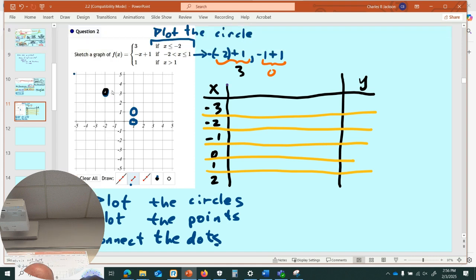For x equal to -3, -3 is less than or equal to -2, so the output is 3. I've got a column here for process. So -3, 3. Negative 2 is less than or equal to negative 2, so the function returns a 3.